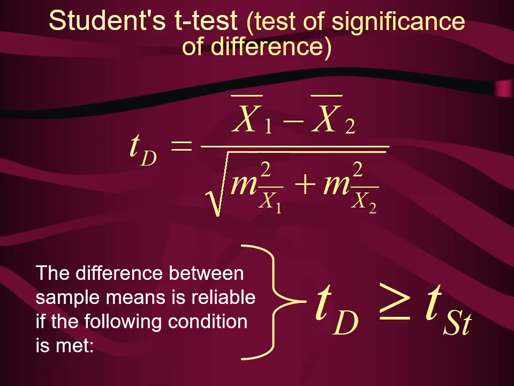Returning to the previous slide, let me remind you that we are going to talk about two-sample criteria for the case when there are two different groups of people, when it is possible to find the average value for the first group, let's say the control group, and for the experimental group.